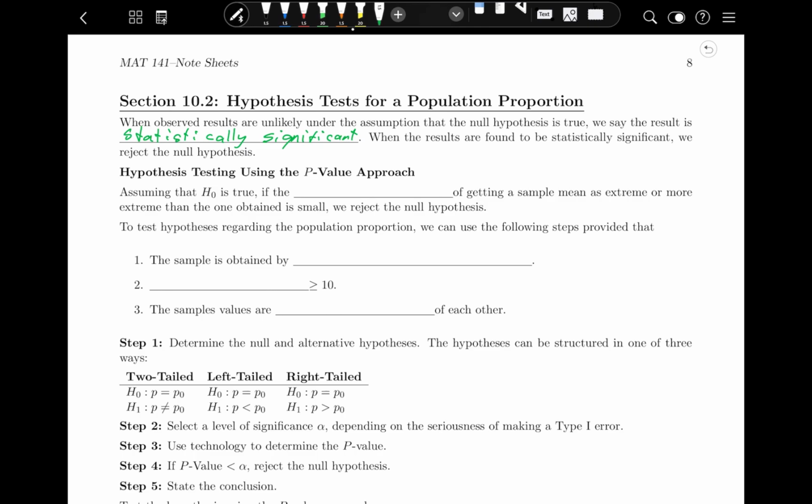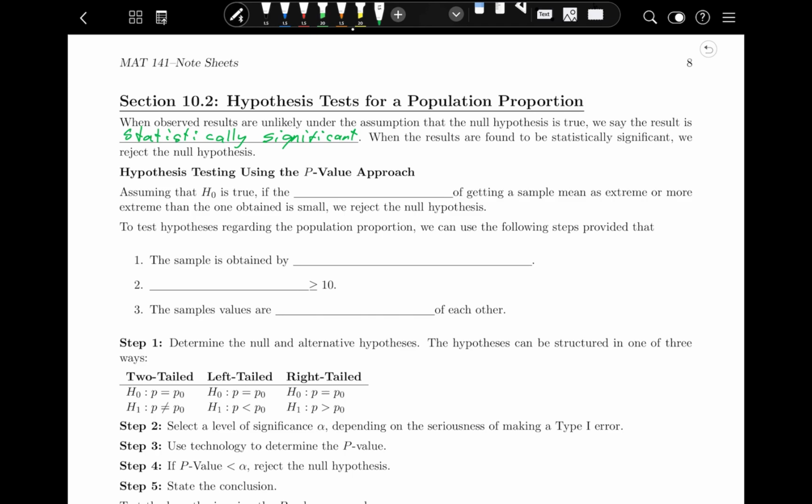So what we're trying to do with the inferential statistics we're doing in this section is show that what we found is either unlikely or not unlikely, given that the null hypothesis is true. And if we find that it is unlikely, then we can reject the null hypothesis and then go from there to write our conclusion like we talked about in the last section. And we're going to practice doing all of that today.